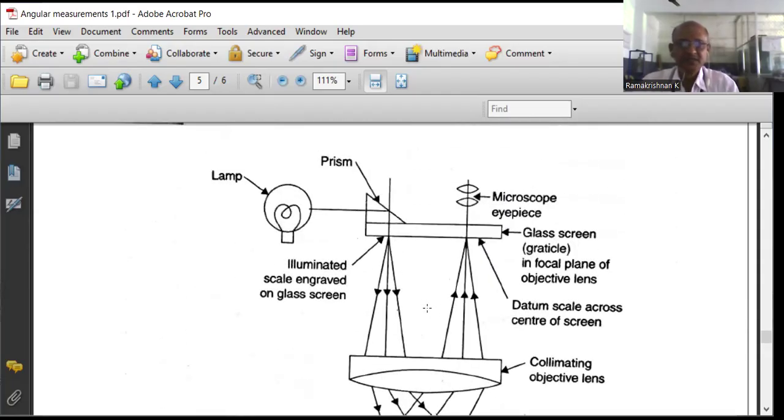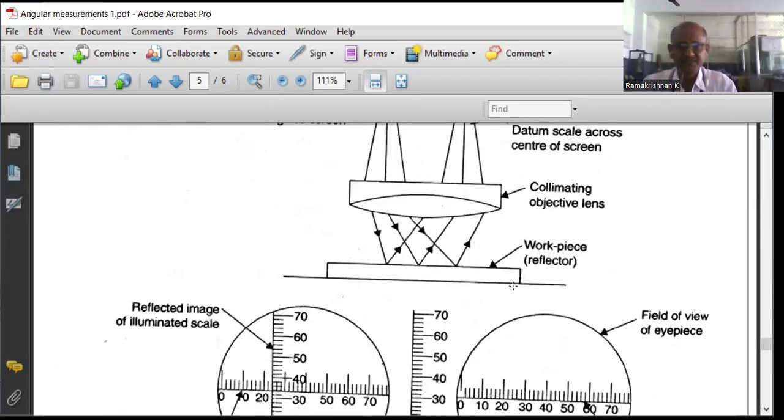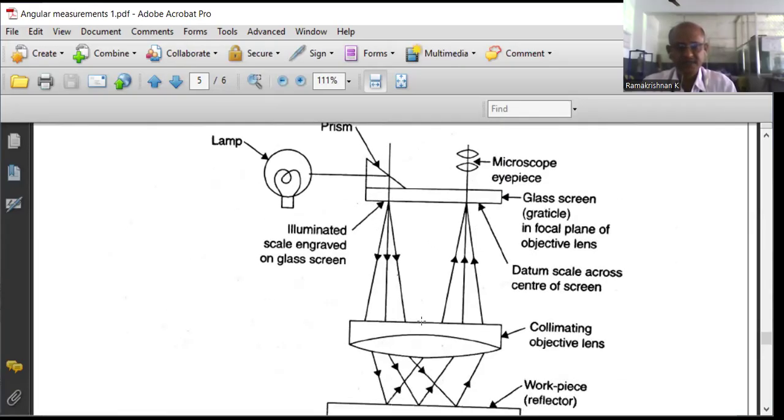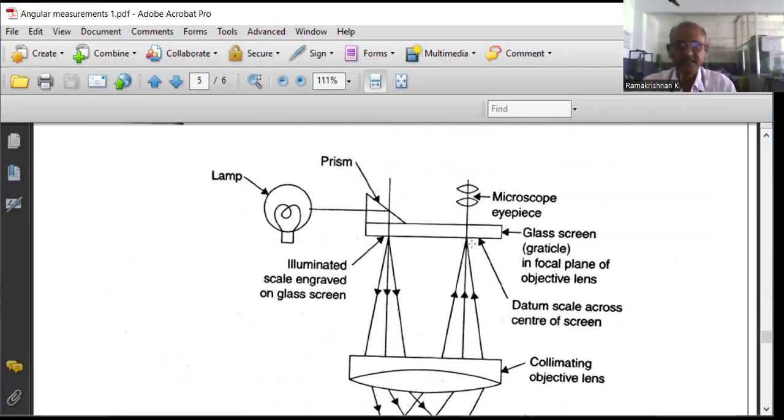Now let us look at how the instrument works. First, a trial is made without keeping the workpiece, that is, only the reflector is there. The light rays pass through the prism and the collimating lens, and fall on the reflector surface. Again, they pass on the glass screen.